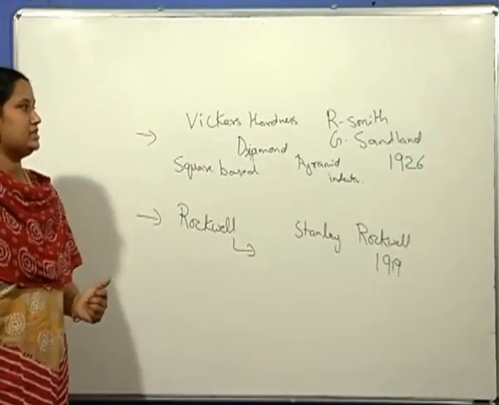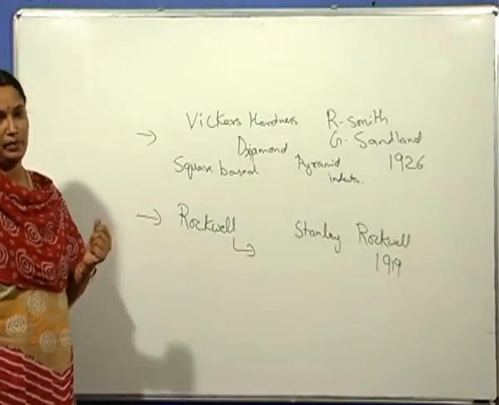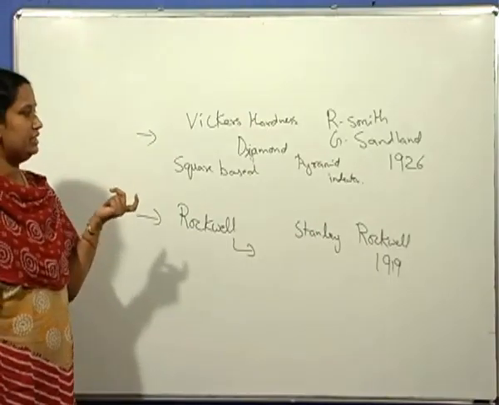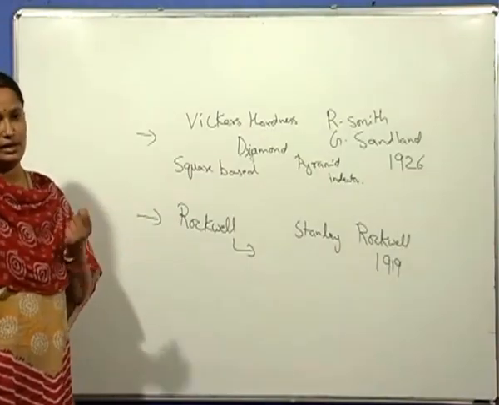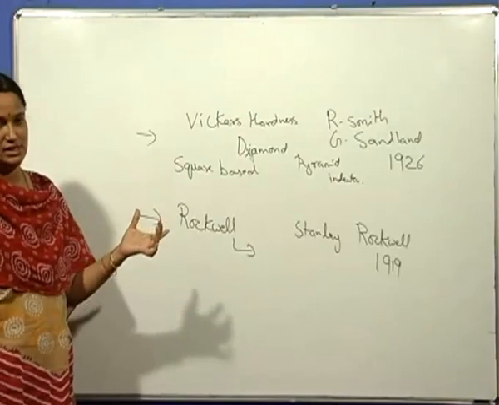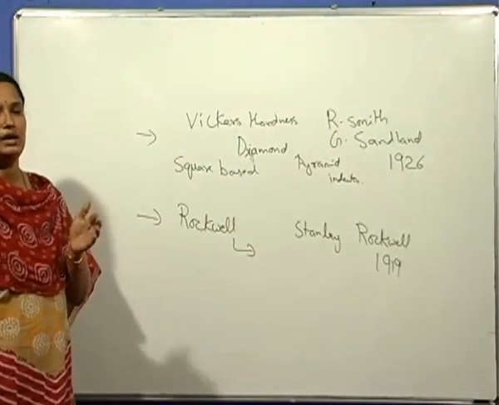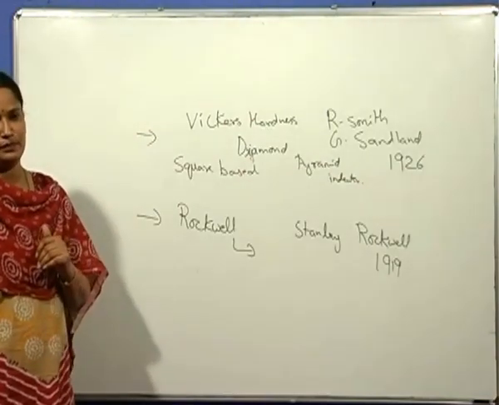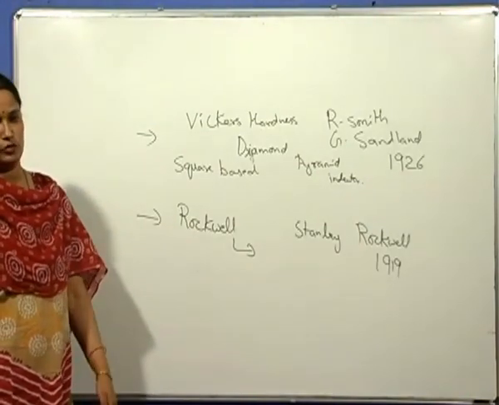The Vickers hardness method is also known as DPH, diamond pyramid hardness, because of the shape of the indenter. The shape of the indenter is a square-based pyramid and the material is diamond. This Vickers hardness test is independent of load. That means the hardness values do not vary with load for the same material when the loads are greater than 5 kg force.